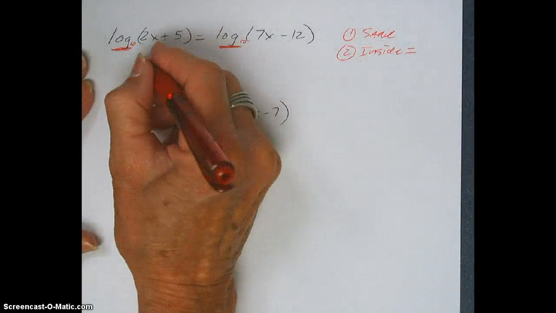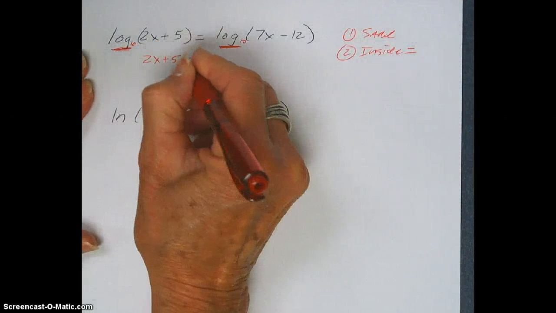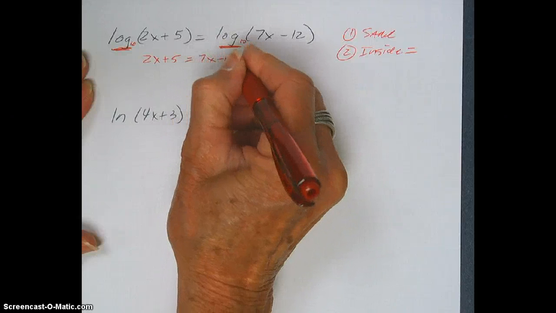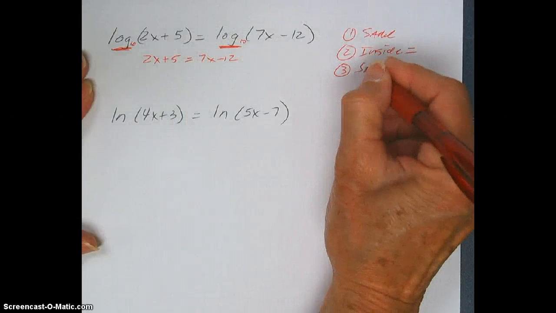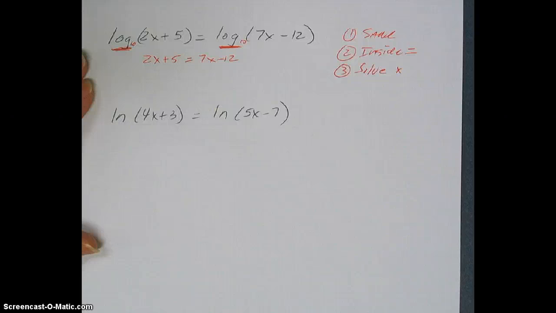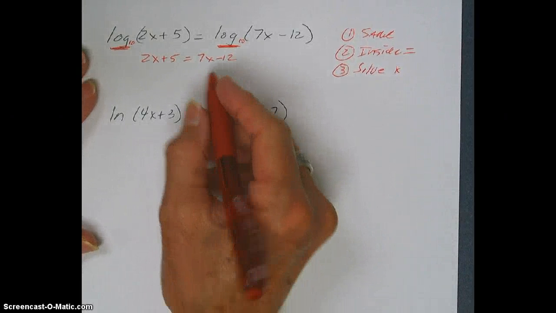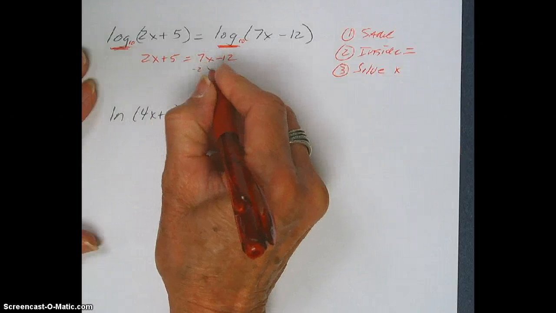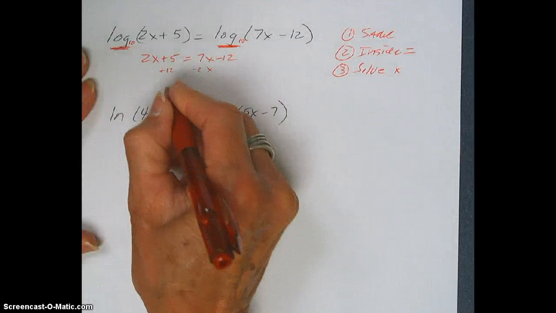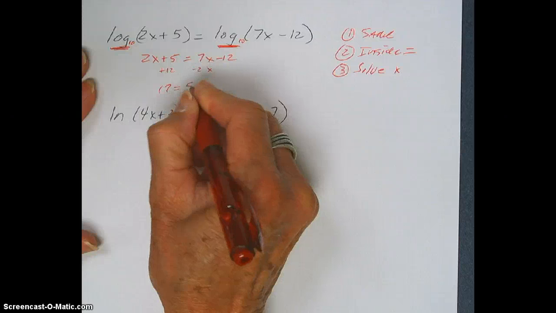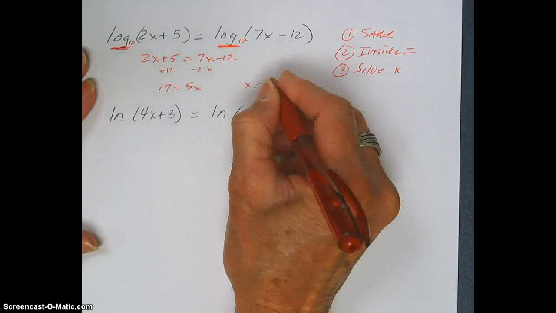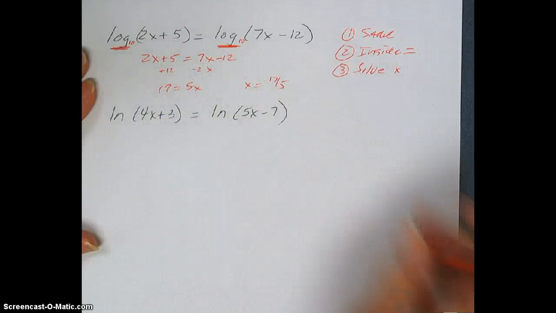So in other words, I would set 2x plus 5 equal to 7x minus 12, and then just solve for x. So again, hit pause if you need to set this up. If I subtract off 2x and add 12, I'll get 17 equals 5x. Solve for x, I get x equals 17/5.